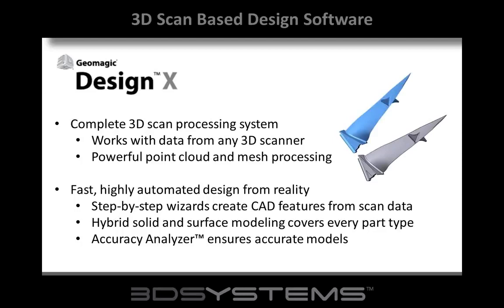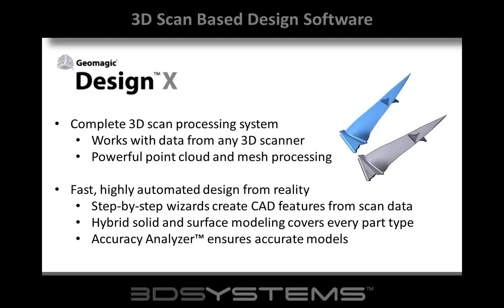The software is fast and highly automated in creating designs from reality, and we do that by using a step-by-step wizard to extract the CAD features from scan data. We can also do hybrid solid and surface modeling, so we can cover a variety of part types.